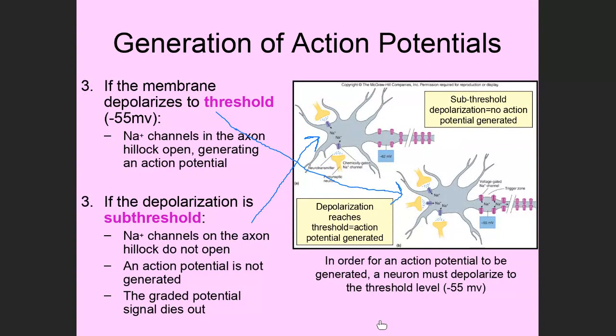And because it's such a high intensity stimulus, because there is so much pressure being put on the skin from those really high winds, you're going to have a lot of sodium channels open, which is going to cause threshold level depolarization, and a signal is going to be sent to the brain alerting you to the fact that you have a lot of pressure on your skin from these really high force winds. And that's important to know, right? Because hurricanes are dangerous and you need to be able to seek shelter and protect yourself. And being able to feel those high winds is going to allow you to do that.